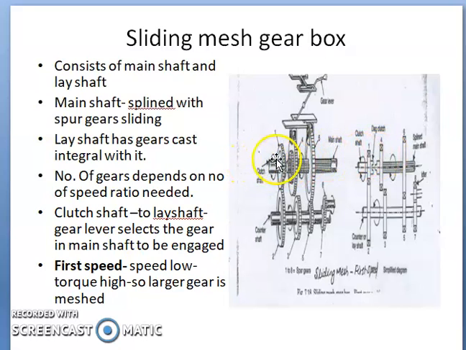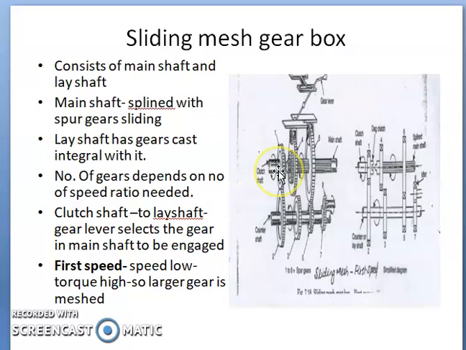You can see the clutch gear and the main shaft. Even though it may seem that these two are connected, they are separate entities. So we have the clutch gear, main shaft, sliding gears, lay shaft, and all these are fixed gears.